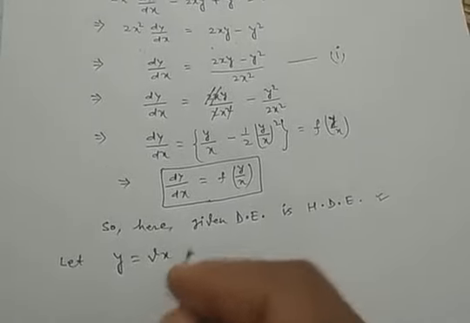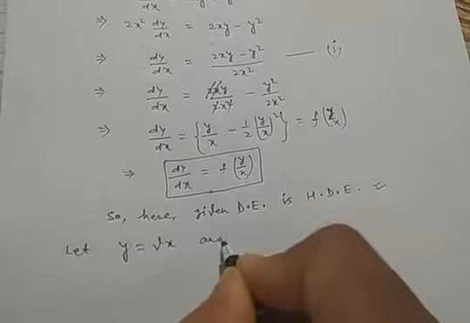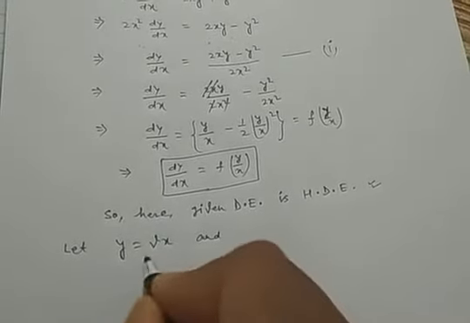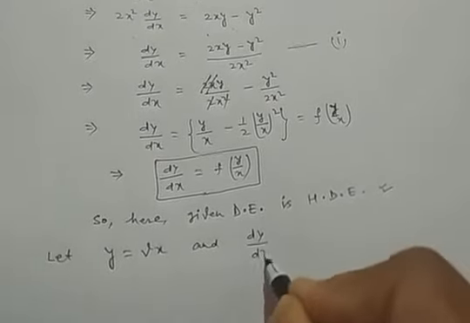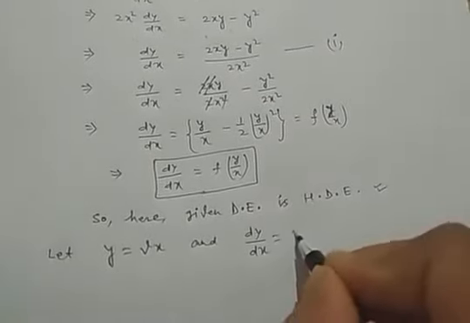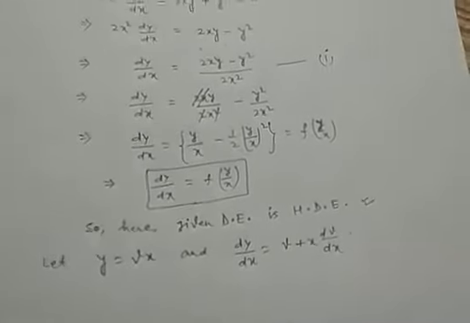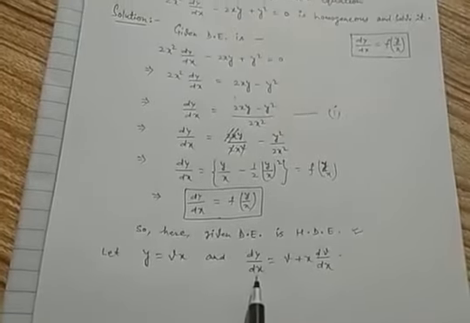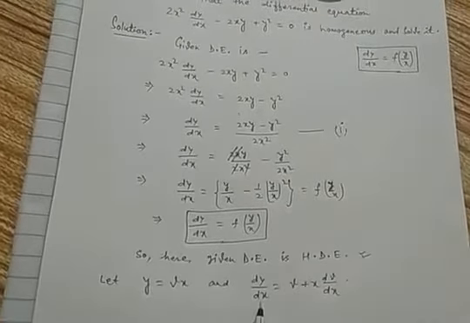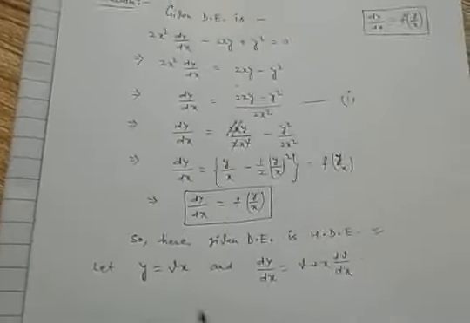Let y is equal to vx. Now differentiating it, we get dy upon dx equal to v plus x dv upon dx. Now we have to put the value of y and dy by dx in equation 1.